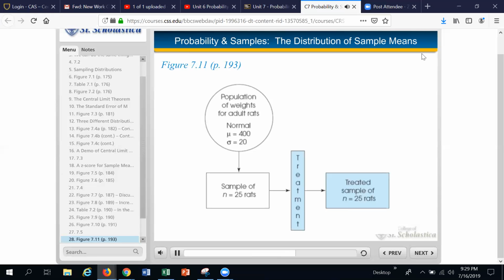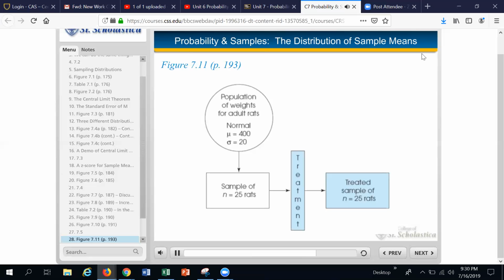The second question is, would a treated sample's mean of 410 be rare? Well, I think based on the answer I just gave, your answer should be yes, it would be rare because it falls outside the 95% region. In other words, it is an unusual event by our arbitrary definition of unusual. We don't expect to get a sample with a mean of that size very often by chance.